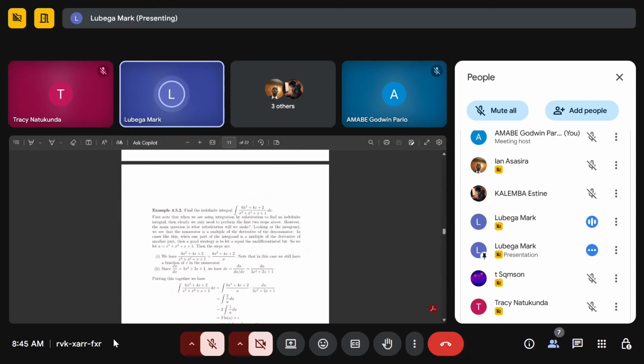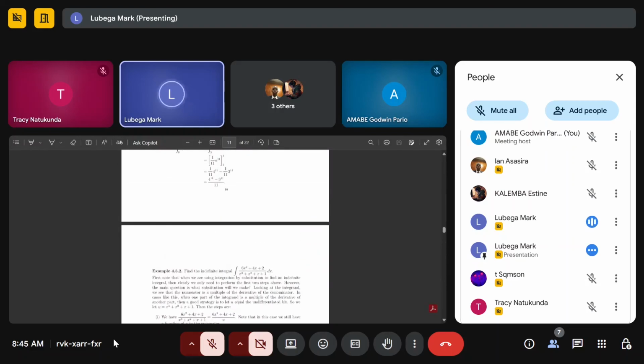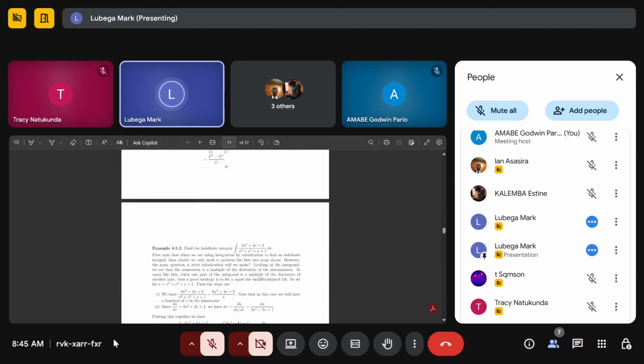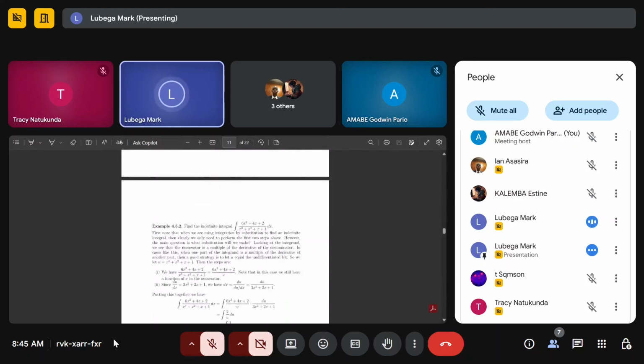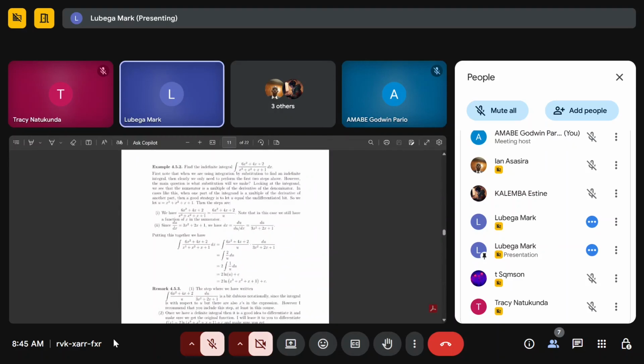Then for the indefinite integration, since we are not given intervals, we do the same thing. We put the evaluation back into the original x from the u.